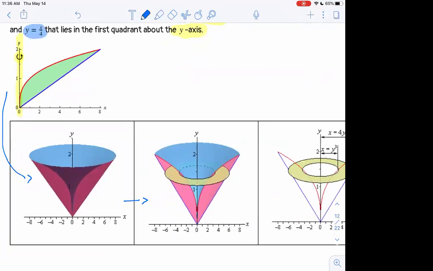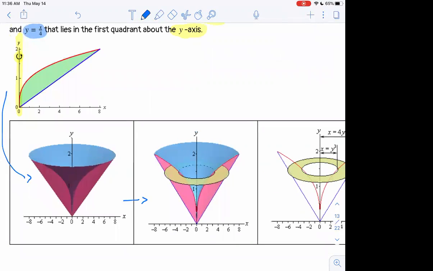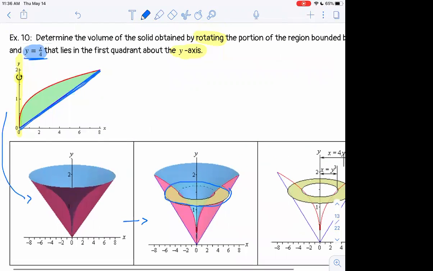And what I mean by that is we can see that there is this outer ring, okay? And that outer ring is blue because it's made by this blue line, or our y equals x over 4, okay?